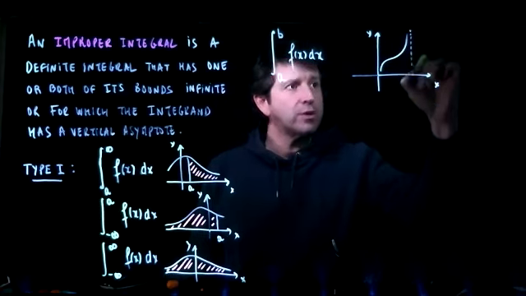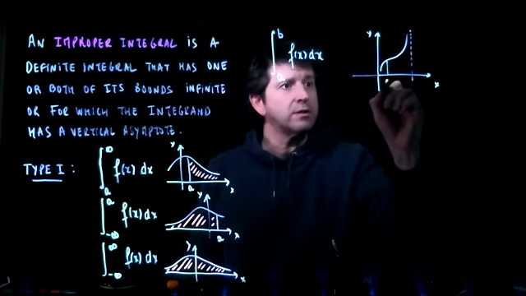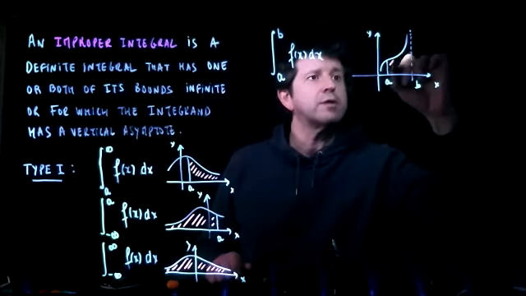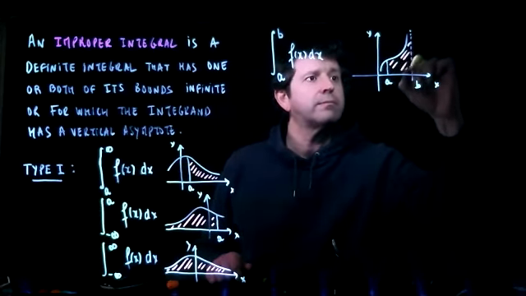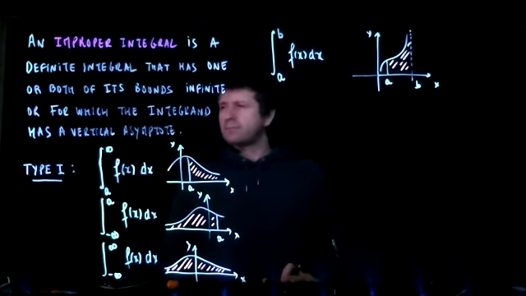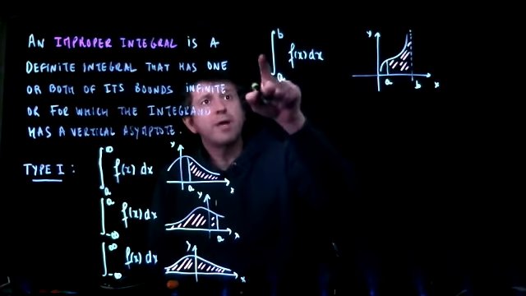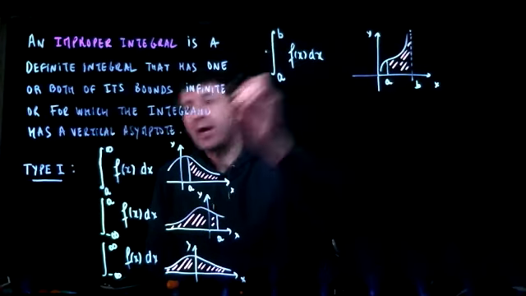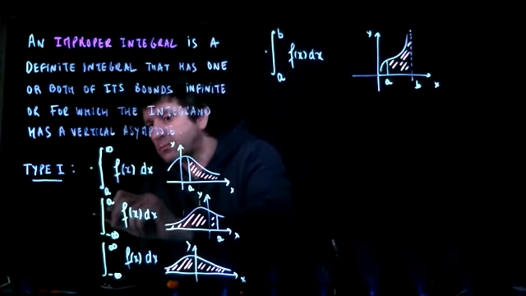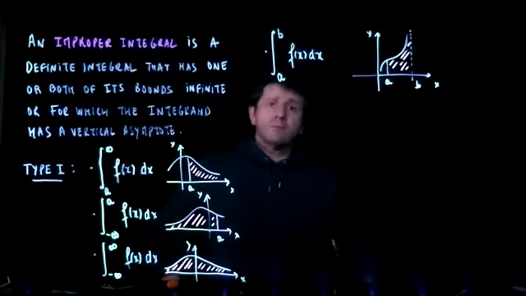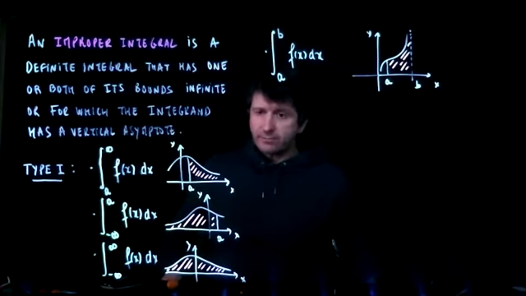There's an asymptote here. This is A, this is B, and I'm looking for this area. This is also a type 1 because there's a problem at one of the bounds or at both bounds. Okay, any questions?